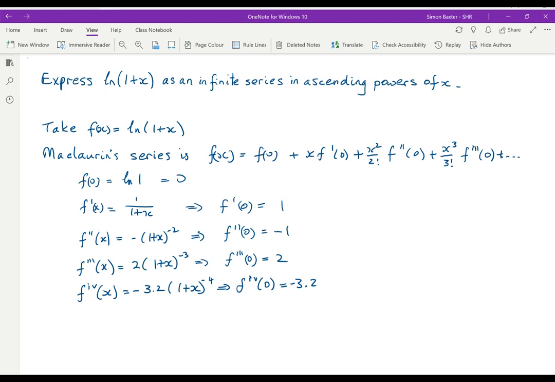One more, I think, just to make sure that we can really see what's going on. Bringing the minus 4 down gives me plus 4 times 3 times 2, (1 plus x) to the minus 5. That tells me that f5(0) is plus 4 times 3 times 2.